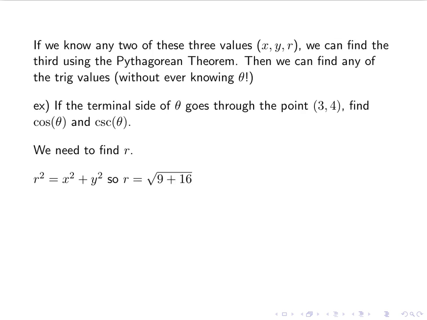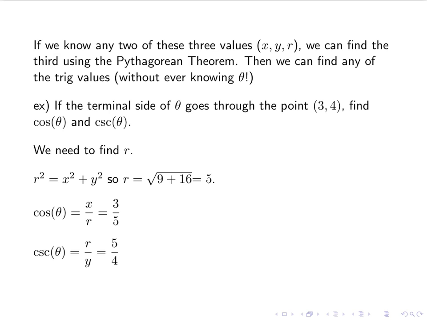So r is the square root of x squared plus y squared. X was 3, y was 4, so it's the square root of 9 plus 16, which is 5. Cosine of theta, by definition, is x over r, which is 3 over 5. Cosecant, by definition, is r over y, which is 5 over 4.